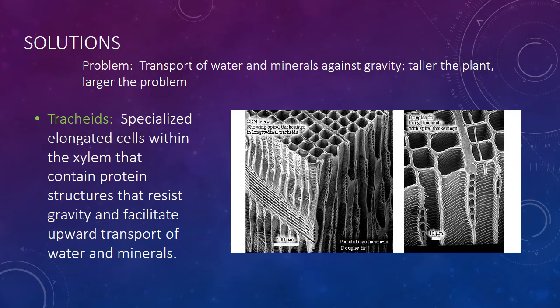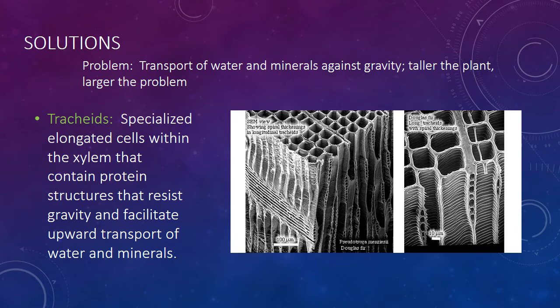Okay, we're going to move on to our third problem, which was the transport of water and minerals against gravity. And like I said, the taller the plant, the bigger that problem becomes. So plants have specialized tissues and specialized cells within those tissues that contain particular protein structures that resist gravity. Maybe that's a little bit of a stretch, but they facilitate upward transport of water and minerals, and that's called tracheids.